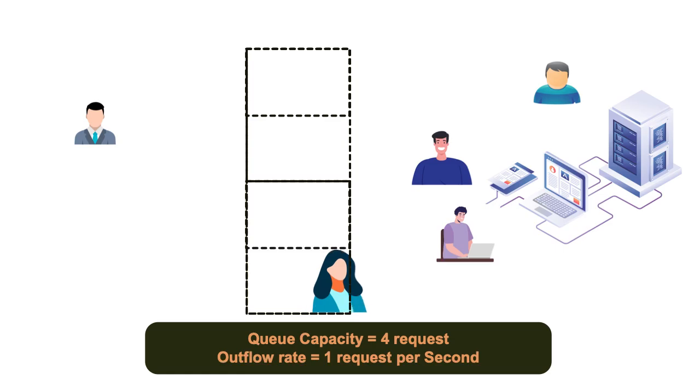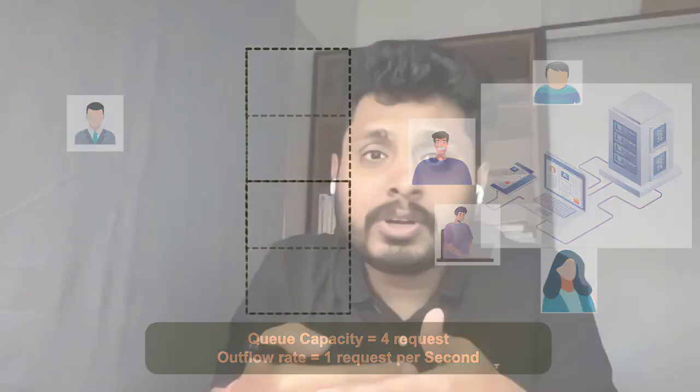You will pass them to the server one request at a time. Per second, you'll only pass one request to the server. So the server is not overloaded when a burst of requests reaches the rate limiter or the API gateway, but you are able to process those bursts, yet your server keeps a rhythm of processing the requests.